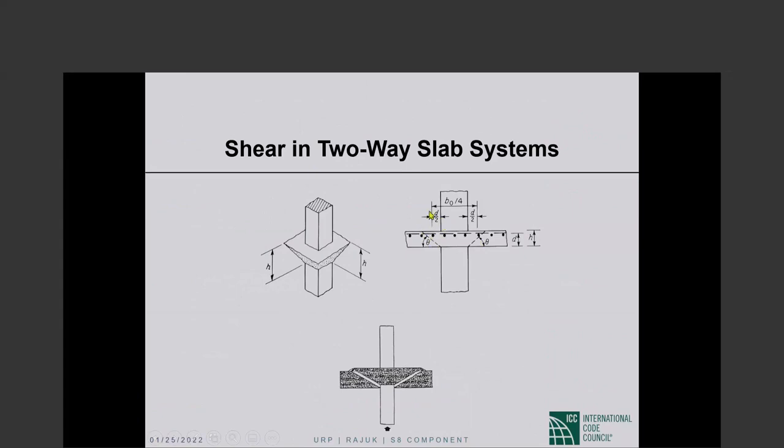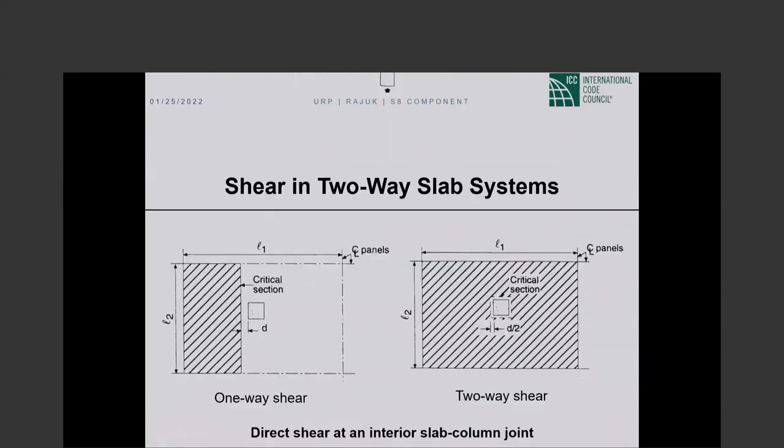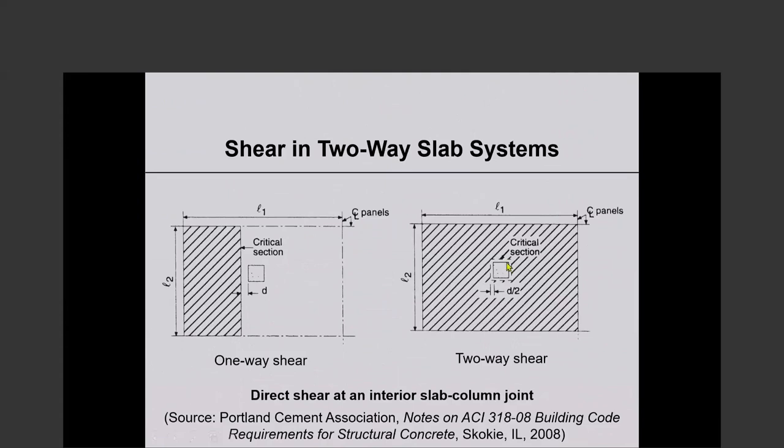Okay, so imagine, this is the column. The critical section is all around the column, a distance d/2 away from the column. You will see in plan view, this is the column.